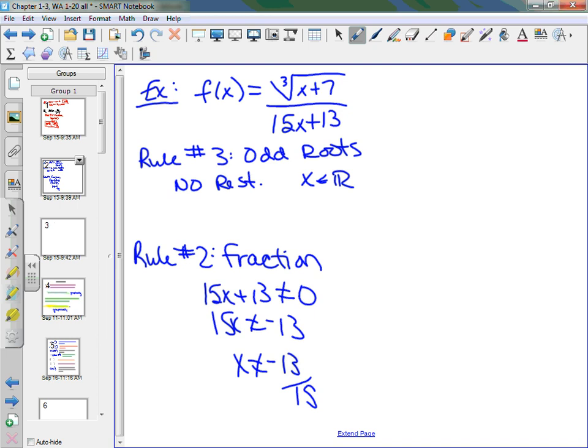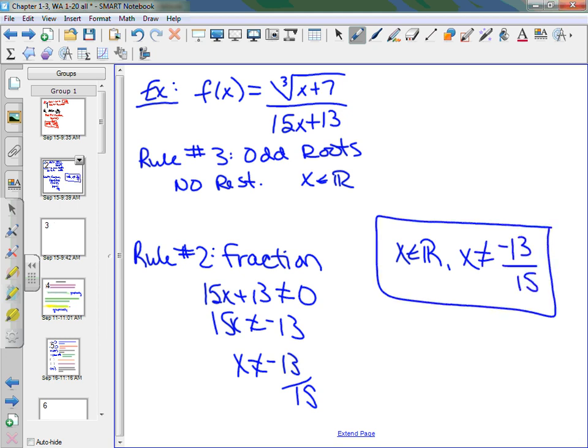So what's my actual domain? Slap them together. X is an element of the reals. X cannot equal negative 13 over 15. We getting it?